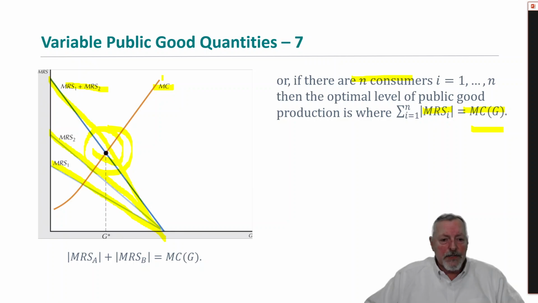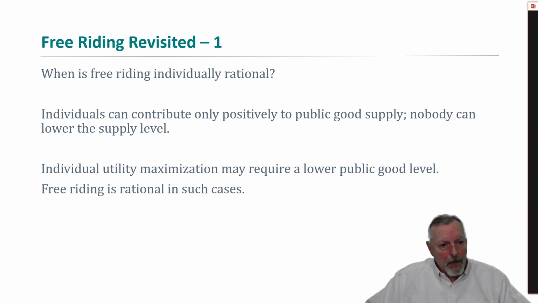The marginal cost has to equal the reservation price summed over all the people in the community for that particular quantity of public good. This means total benefit has to equal total cost at the optimal point. Now, when is free riding individually rational?